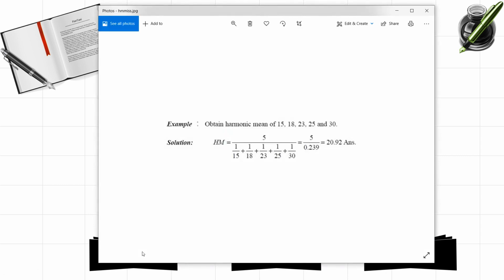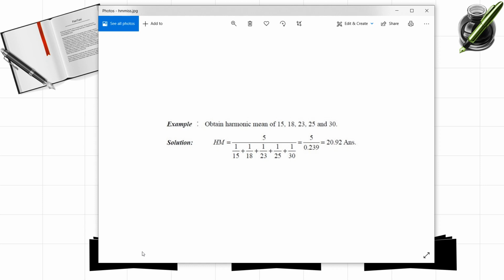First example is on individual series. We have to find the reciprocals of each observation first, that is 1 by 15, 1 by 18, 1 by 23, 1 by 25 and 1 by 30, and then do the total of that, that is your denominator. And the numerator is the number of observations. Here 5 observations are given, just simply substitute there and try to get the answer.